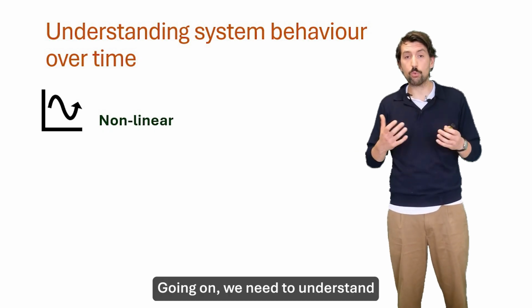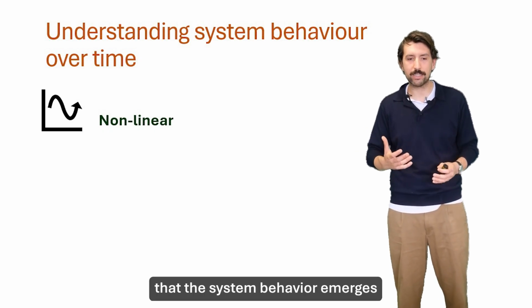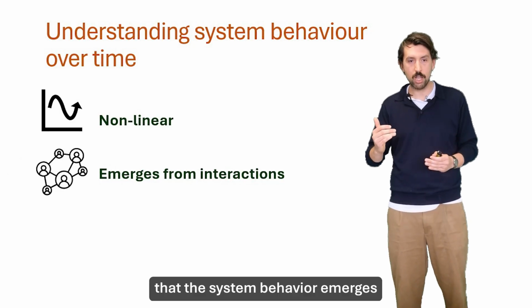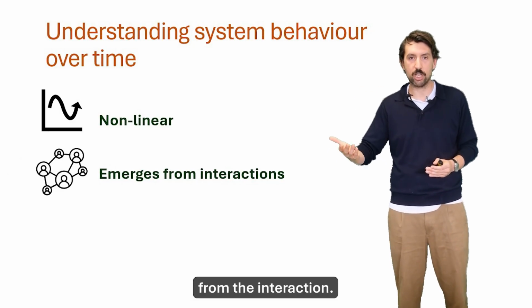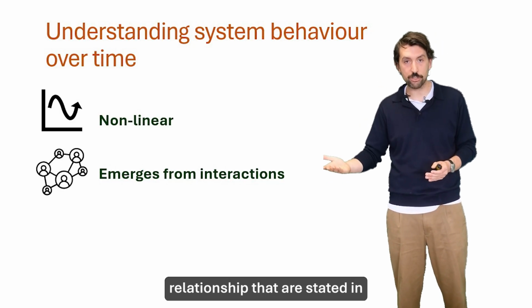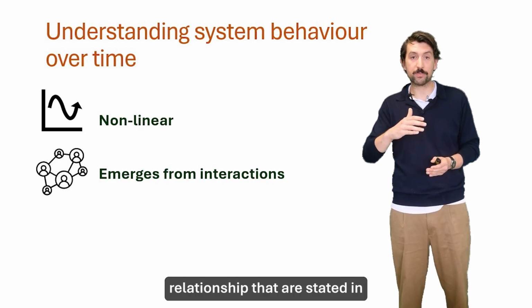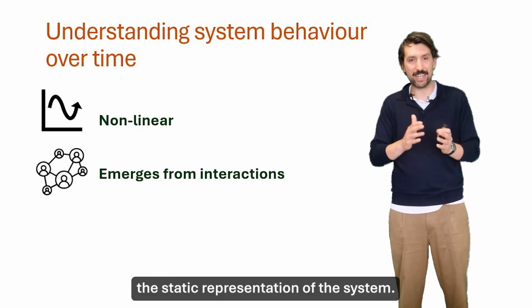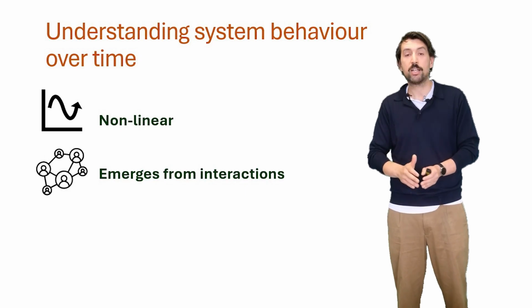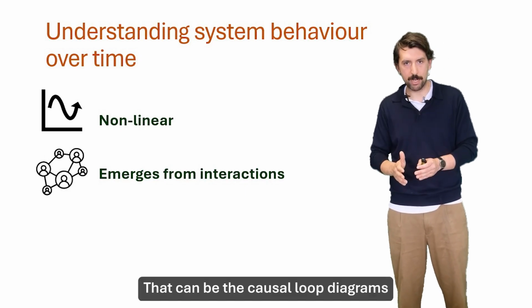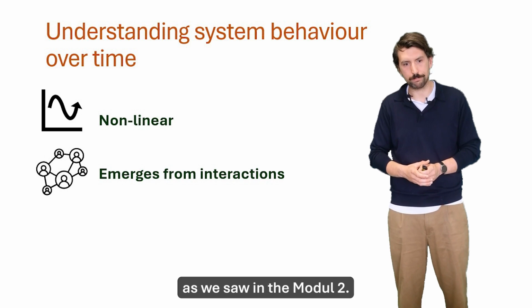Going on, we need to understand that the system behavior emerges from the interaction. So it emerges from the causal relationships that are stated in the static representation of the system, which can be the causal loop diagrams, as we saw in Module 2.